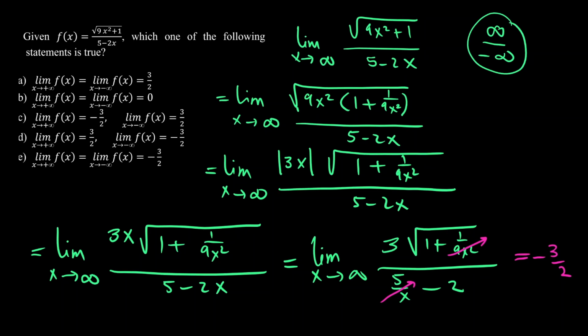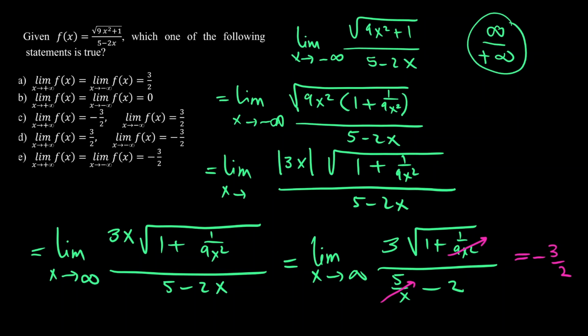Okay, now if I want to try the other limit, which means as x goes to minus infinity, the only thing that will matter is this. So this x is going to minus infinity, and now the numerator will go to plus infinity, and again here the denominator is going to minus infinity.